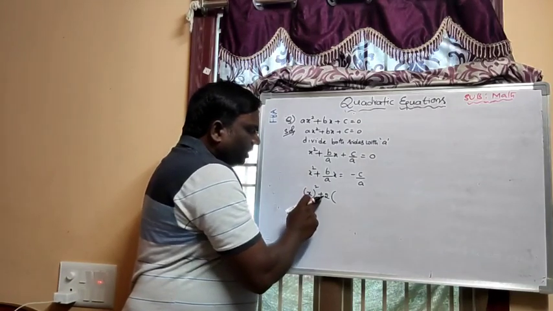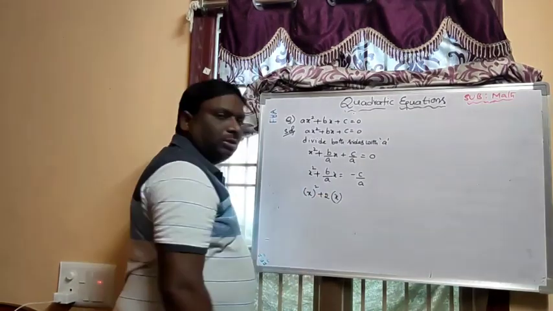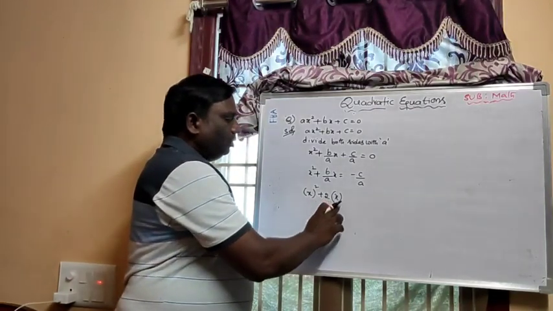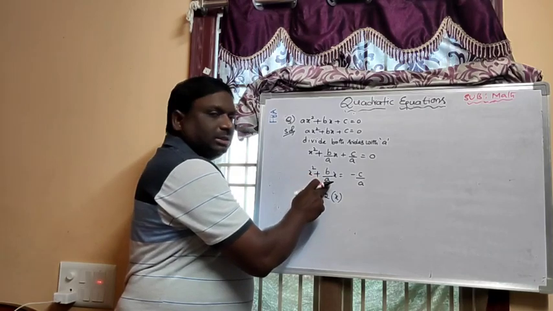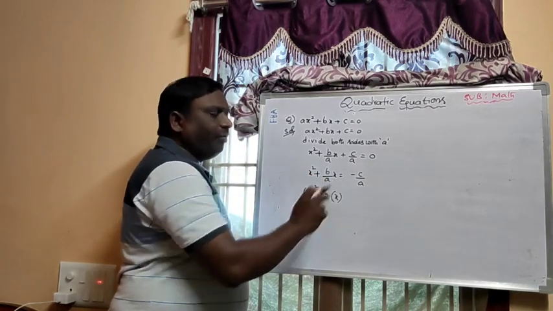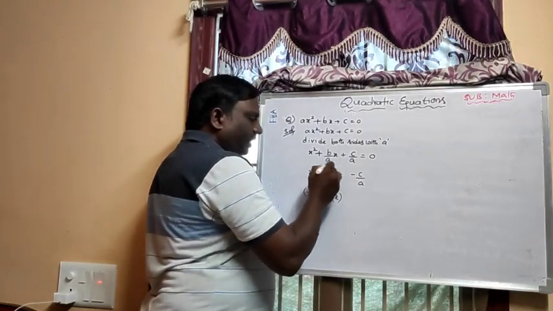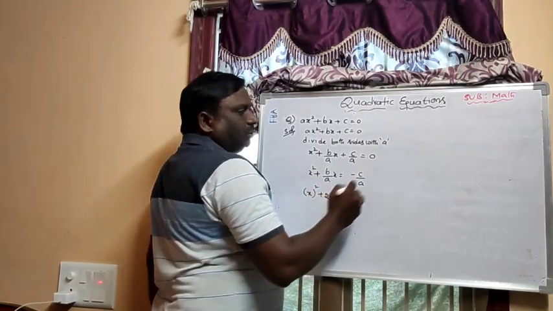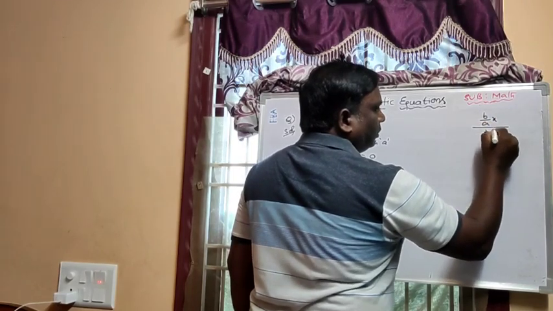So a square plus 2, already you decided a as x. To get the b value, what you have to do? Whatever the value in that b by a x, if you divide that value by this value, definitely you will get the b value. That means simplify b by a x divided by 2x.